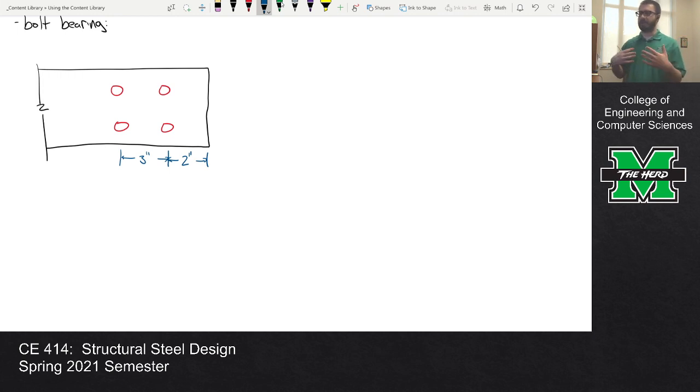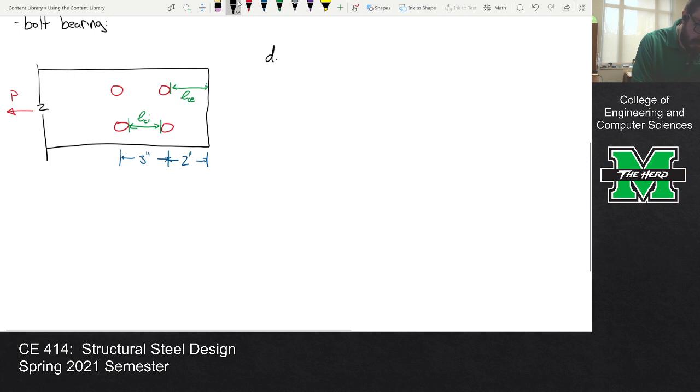So if we're yanking on the connection this way, then what we're after is this dimension right here, which is LCE, and then also this dimension, LCI. Now we have a bolt that's 7/8 of an inch, so therefore we need a hole diameter, which is the diameter of the bolt plus what?